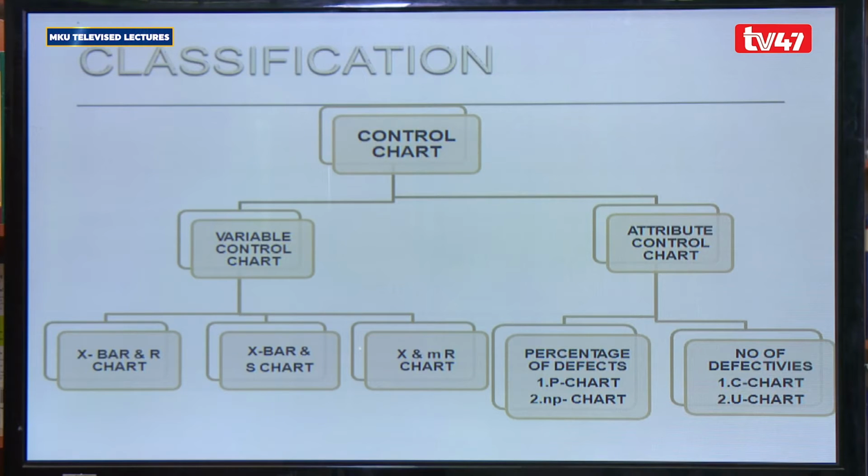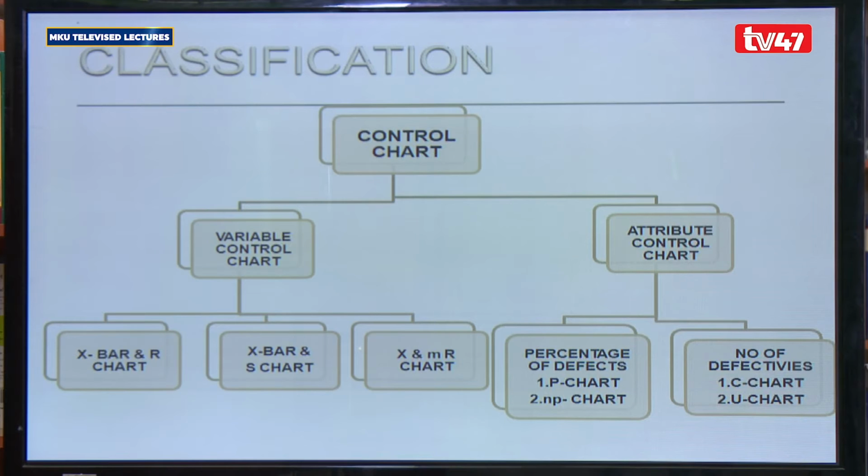So we shall categorize or classify control charts into 5 different types, but that depends on the quality that we are dealing with.